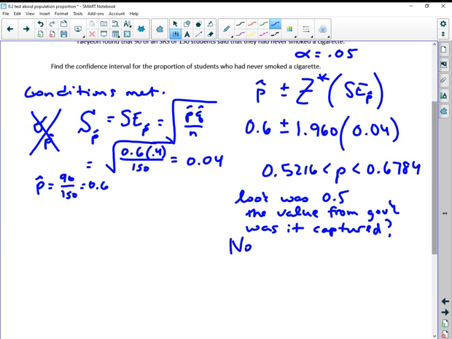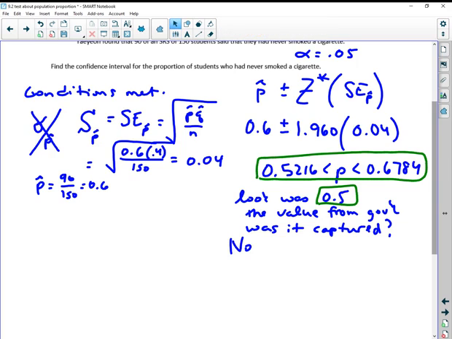No. And when you make your conclusion, you would need to say the numbers you're looking at that you're comparing it to, and that since 0.5 is not captured by the interval of 0.5216 to 0.6784, therefore I would not believe that his high school was the same as the national average. The national average was not captured by the interval from his high school. So that's what I would conclude there.